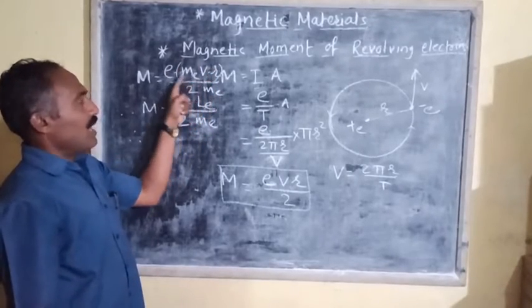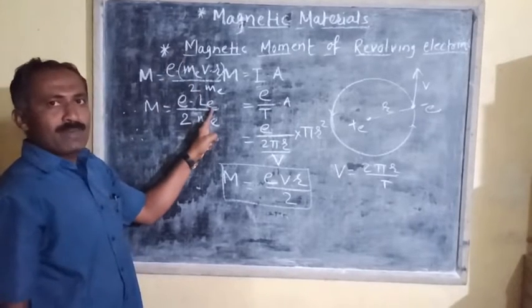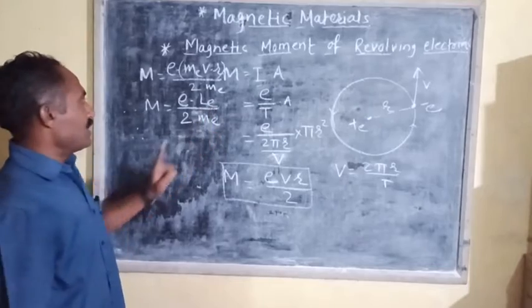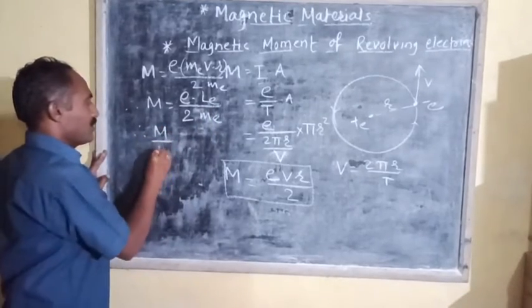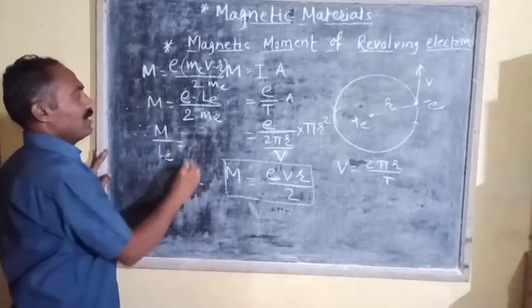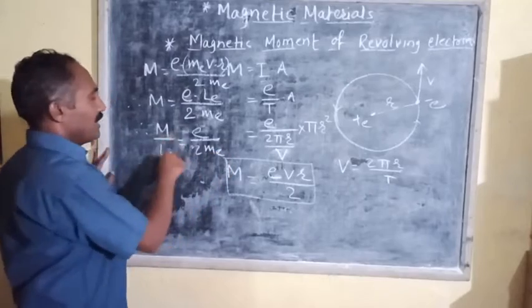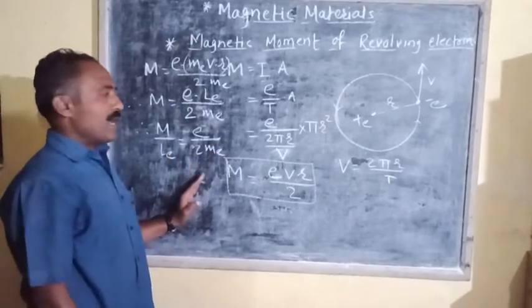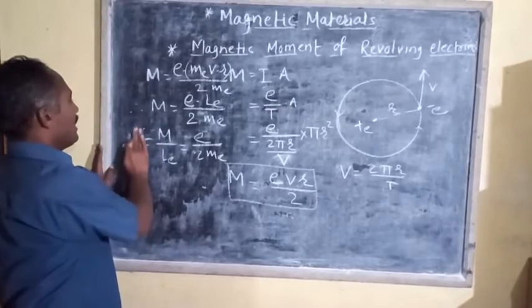Here m v r is the angular momentum of the electron, denoted by Le. From this equation we can write M upon Le is equal to e upon 2 times the mass of the electron, and this ratio is called the gyromagnetic ratio.